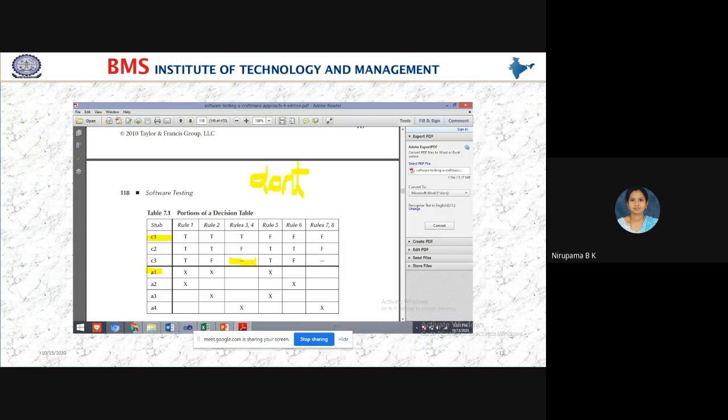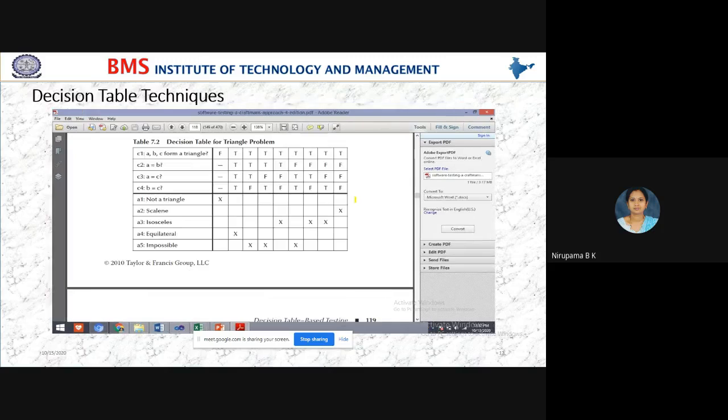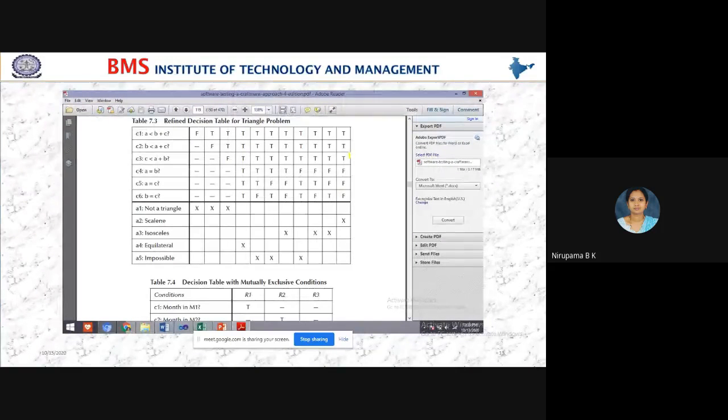This hyphen means I don't have any rule for condition 3. When I don't have any rule for a condition, we call that a don't care condition. And here one more thing, we have to count the number of rules.